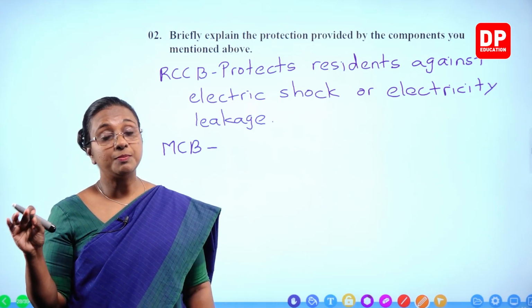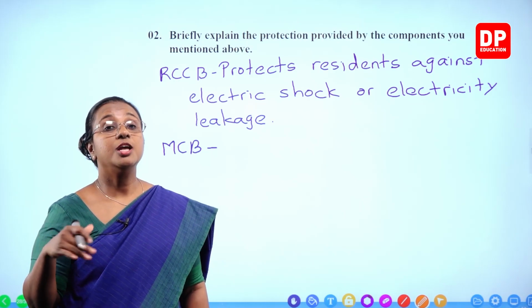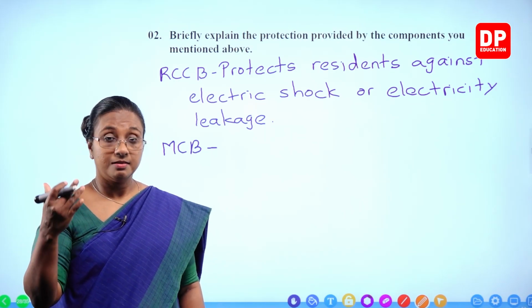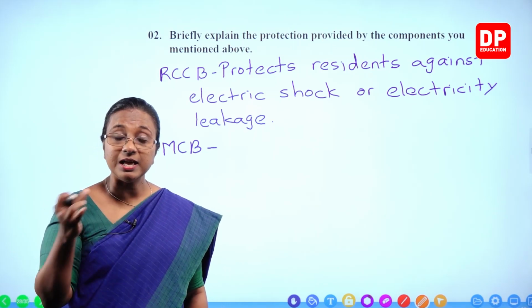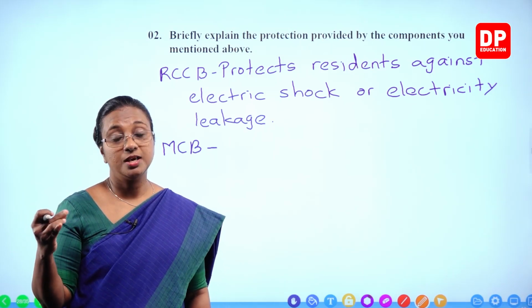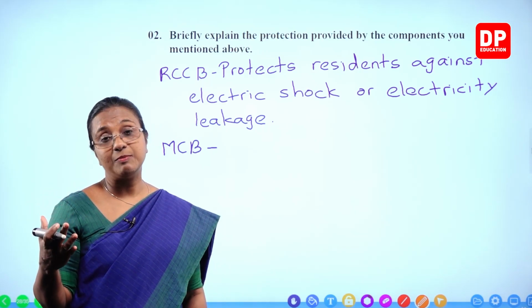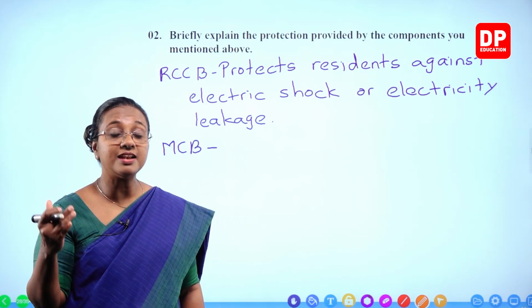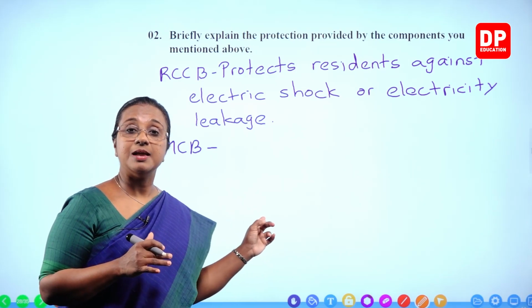The MCB connected to the plug circuit allows a maximum current of 13 amperes. If there is more current than the maximum limit, then of course the cables will become hot because of the internal resistance. So the cable can become overheated and that can result in fire. That is prevented by the MCB.